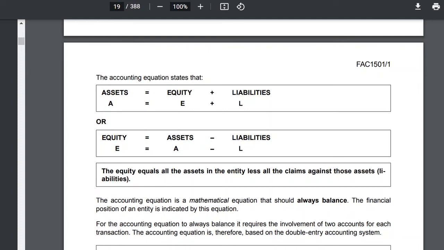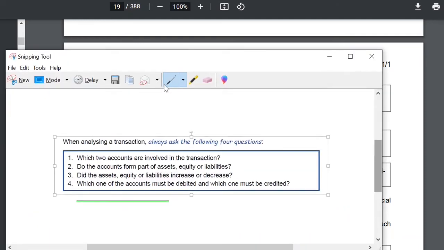Remember, our last step of the double entry principle is which one of the accounts must be debited and which one must be credited. In this double entry principle, you're going to apply rule number 3. Did the asset, equity, liability increase or decrease?